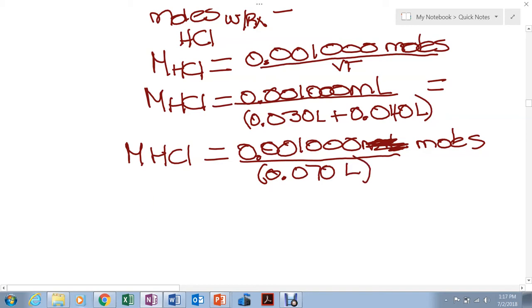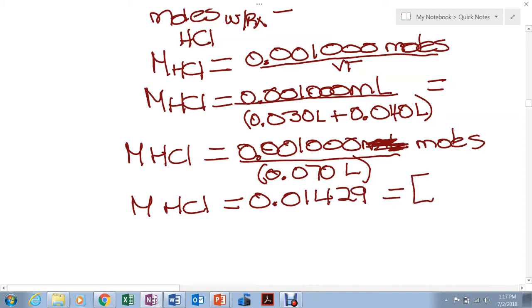The molarity of the HCl would be equal to the concentration, of course, and it would be equal to 0.01429, which is a concentration of H3O.